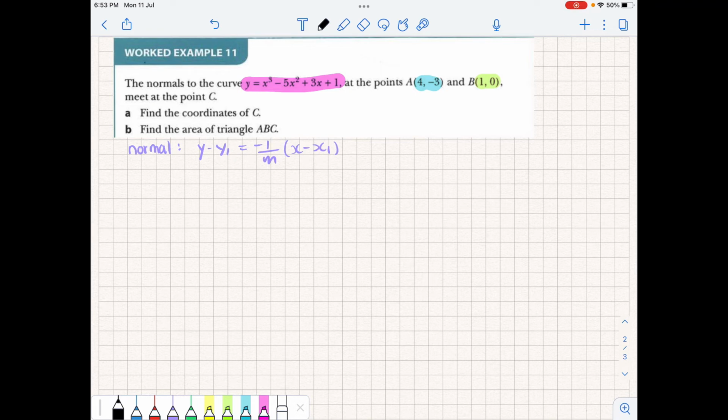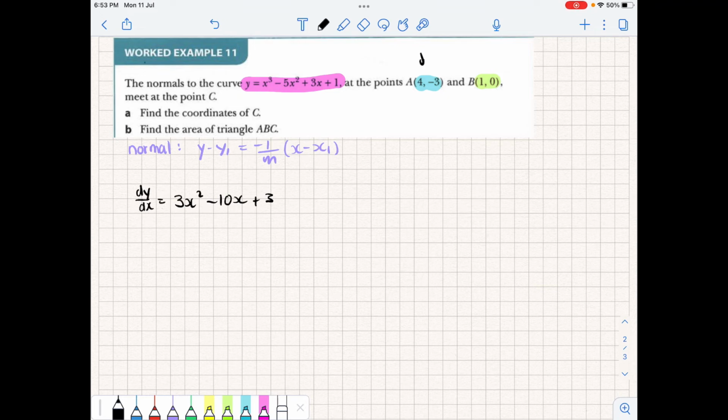So I'm going to differentiate, and this is just a sum, so I'll just differentiate using the power rule. So we'll multiply by the power, reduce by 1, multiply by the power, reduce by 1, multiply by the power, reduce by 1. And 1 is a constant, so it doesn't differentiate. Okay, so I'm going to have to put two different values in here because I want the gradient at two different points.